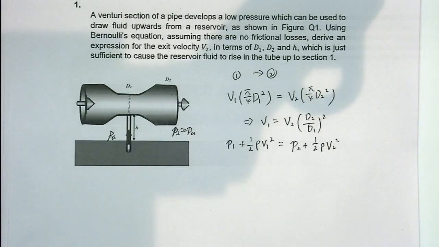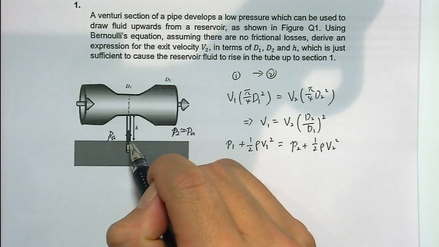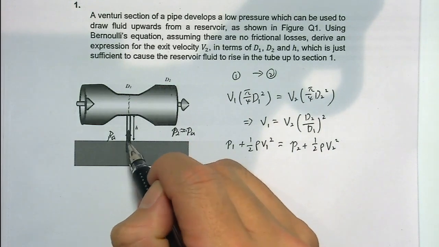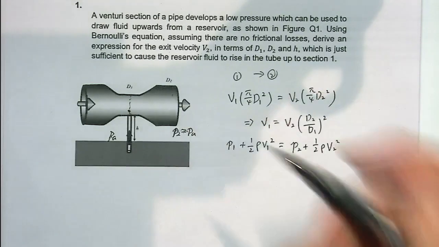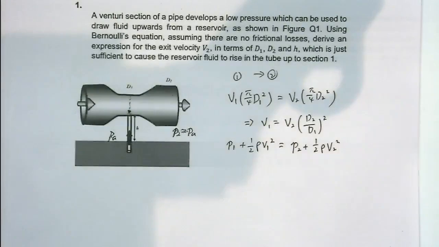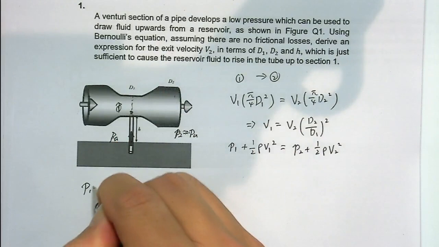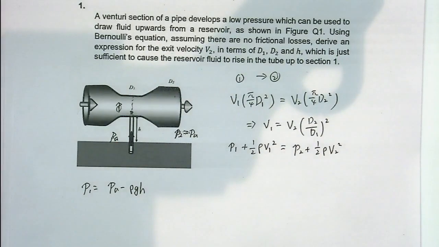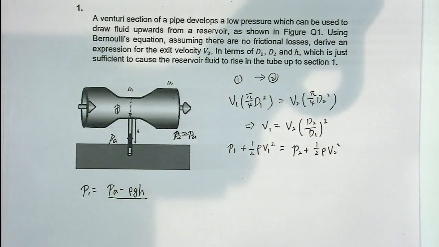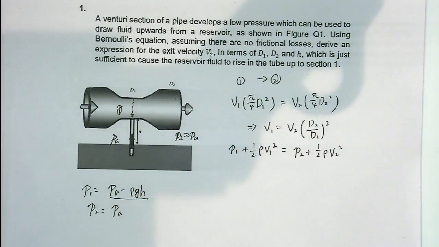And now we know that the liquid was drawn from the reservoir to the pipe. So the pressure of the fluid here, P1, could be written as PA minus rho g h. Then we put in the pressures P1 and P2 from the question, the atmospheric pressure.